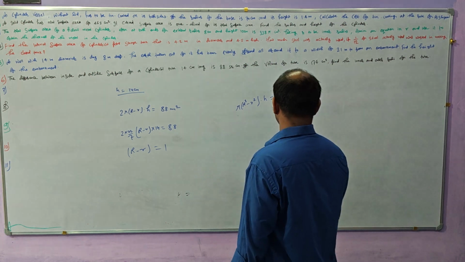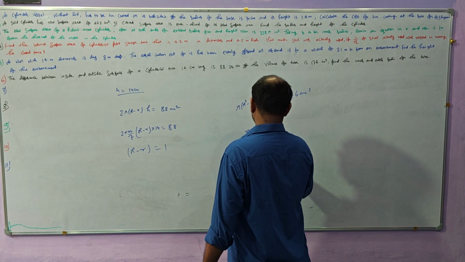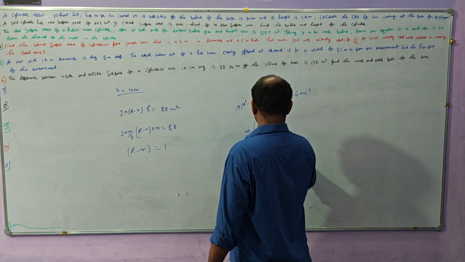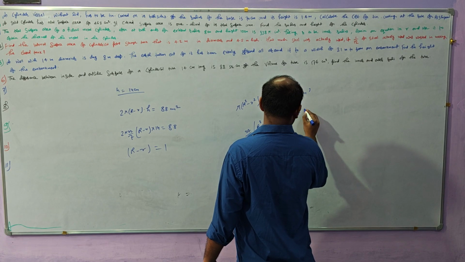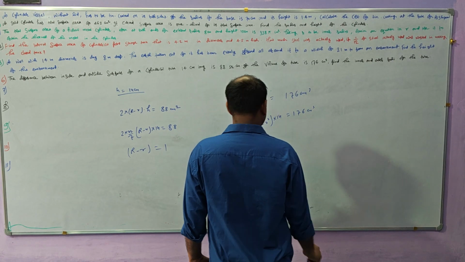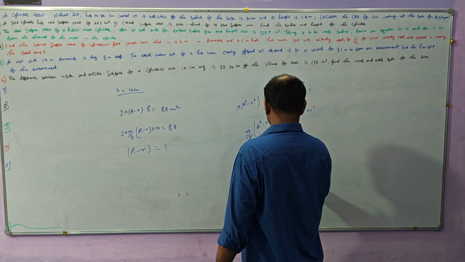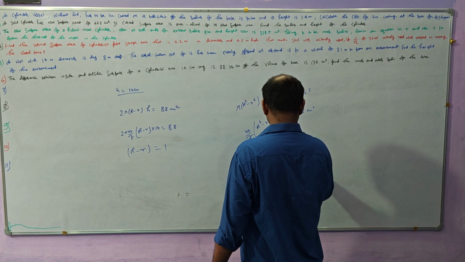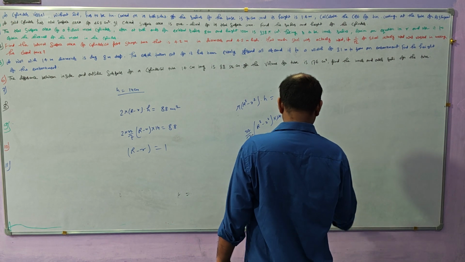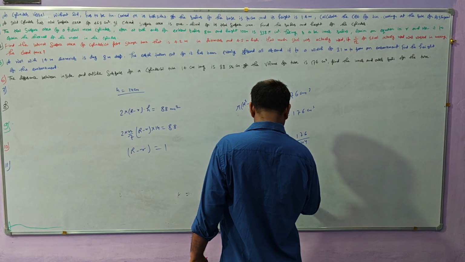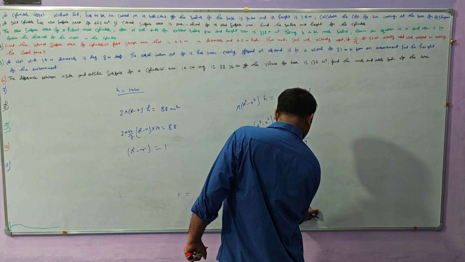So we have 22 upon 7 into R square minus r square into 14 is 176. So R square minus r square is equal to 176 upon 44, that becomes 4.